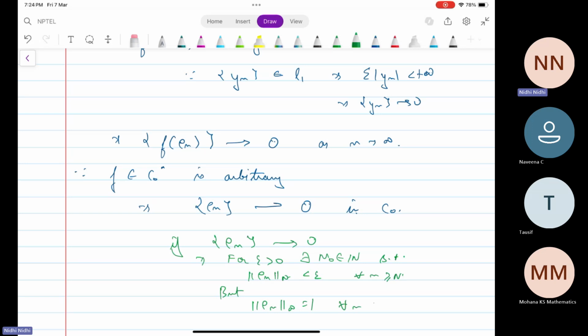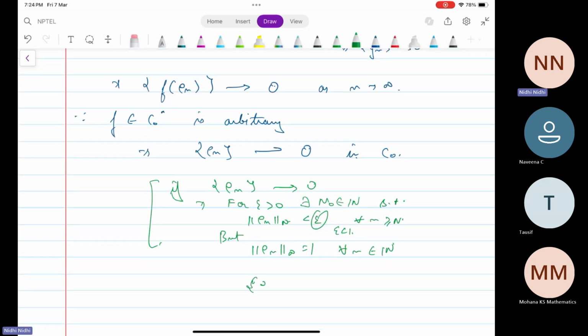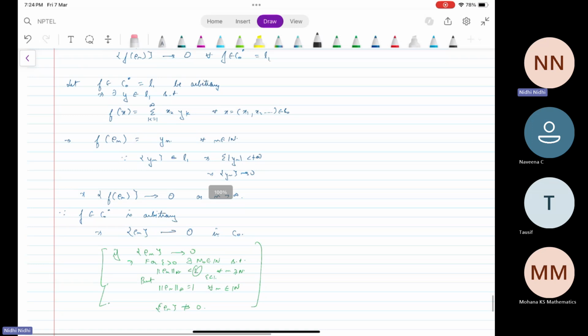So this will not hold if I take epsilon to be strictly less than 1. So therefore, en never converges. I hope this solution is fine.